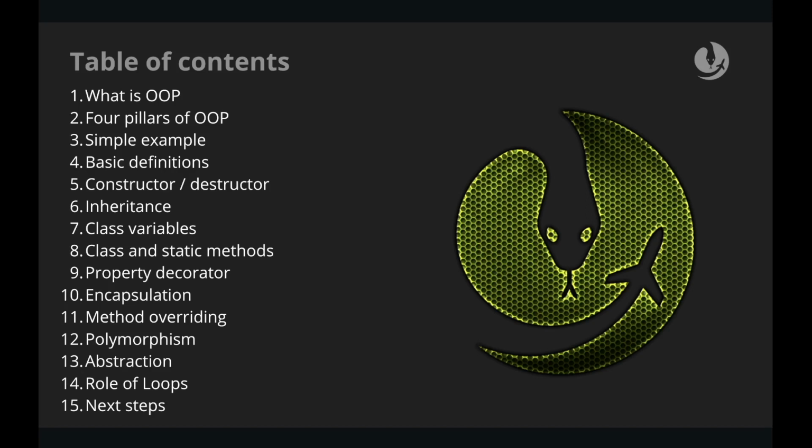We will next take a look at the constructor and destructor. We will talk about inheritance, class variables, class and static methods, the property decorator. Then we will have encapsulation and method overriding. We will then move to polymorphism and abstraction. And finally, we will take a look at the role of loops and the next steps.